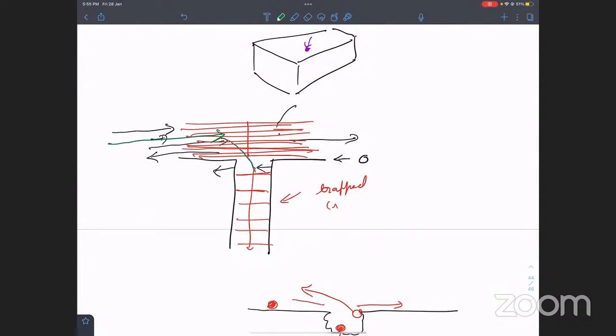Part of it might lose its energy and become trapped. What will happen if that is the case? Then you won't see any current, because until the trap states are completely full, you will not see any current. So you'll be applying your voltage.